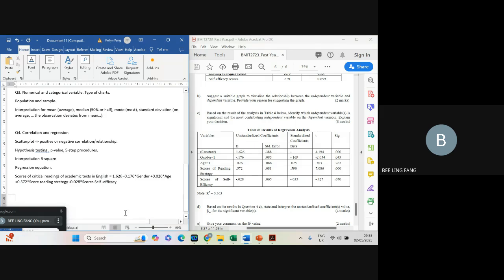Okay, so this is the regression. You should be able to write down all this, right, with interpretation.